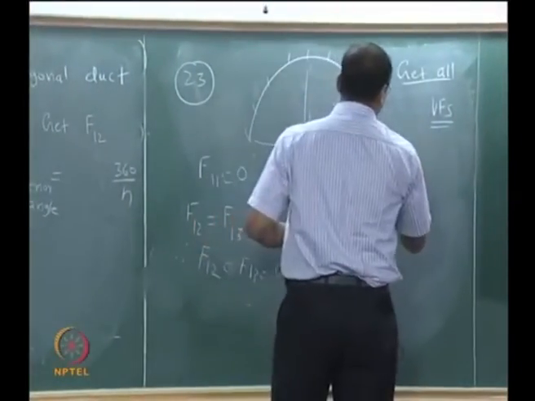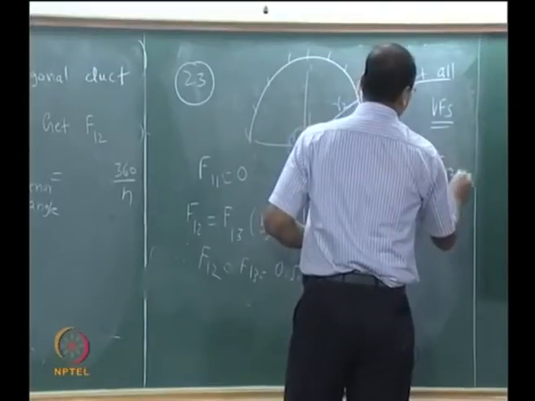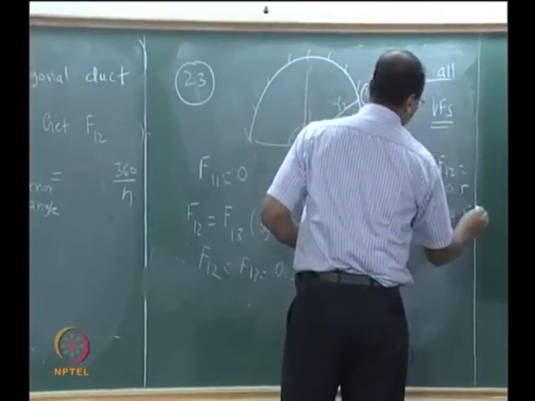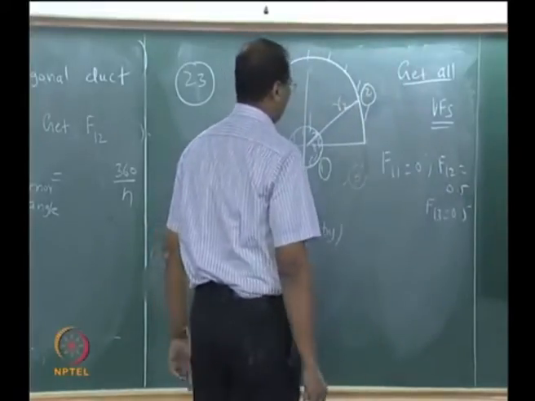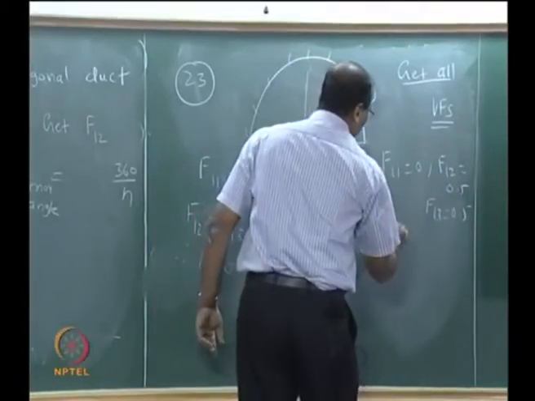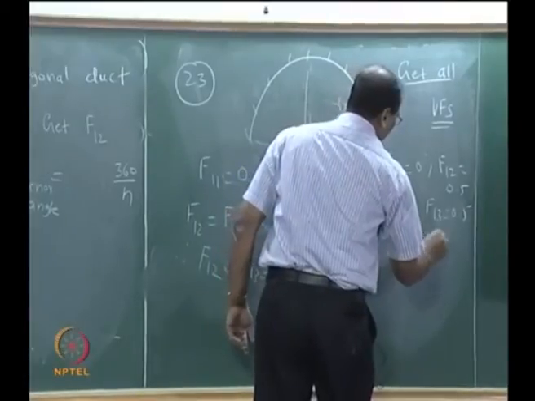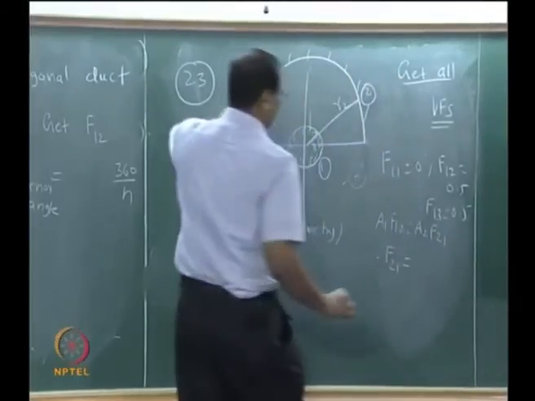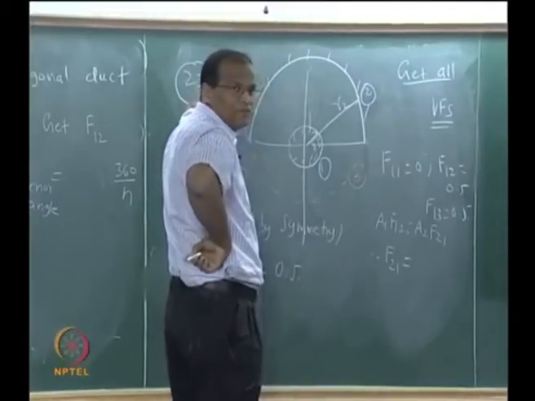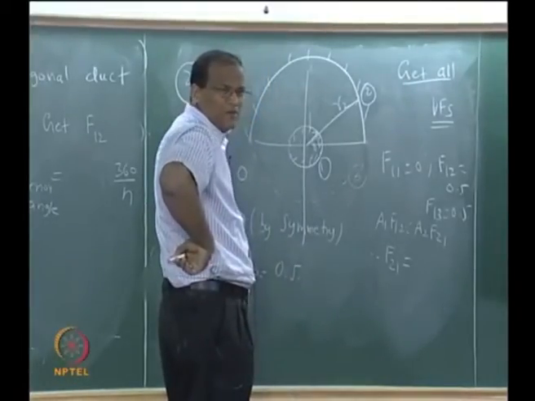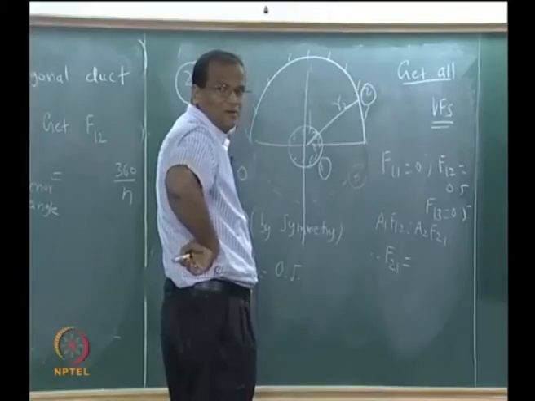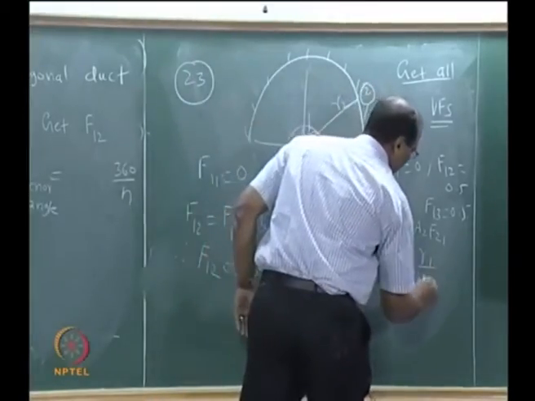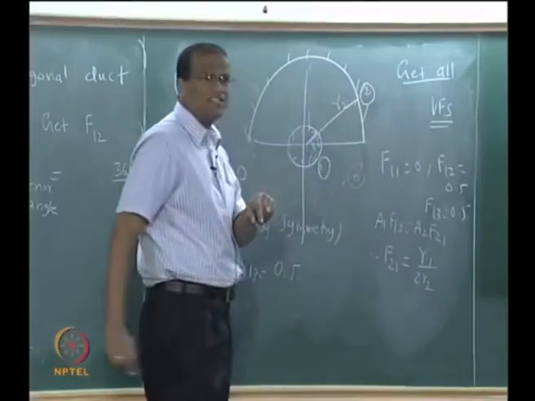So F11 is equal to 0, F12 equal to 0.5, F13 equal to 0.5. Okay, A1 F12 equals A2 F21. Therefore, F21 equal to what is it? R1 by R2. Is F21 also the same as F31?